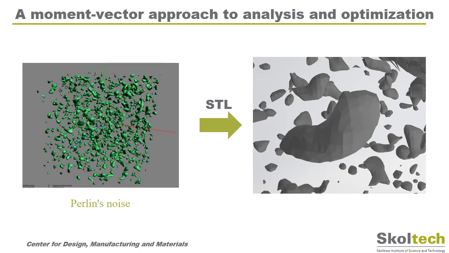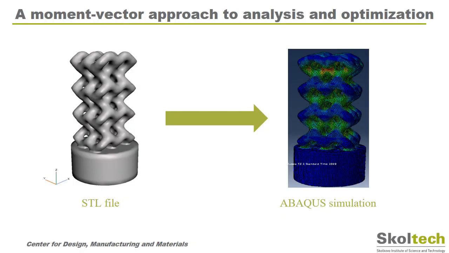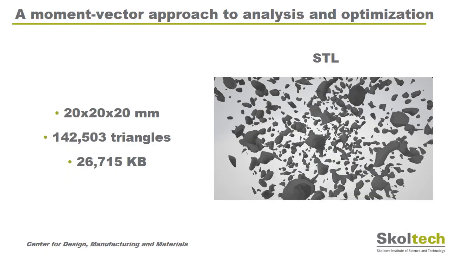The first step, we convert a FRep model to an STL file. The second step, import it to some solver and perform the analysis. But there is a problem. For example, we got such an STL file for a quite small structure. You saw the accuracy of the STL file for this model. It's 20 by 20 by 20 millimeters.